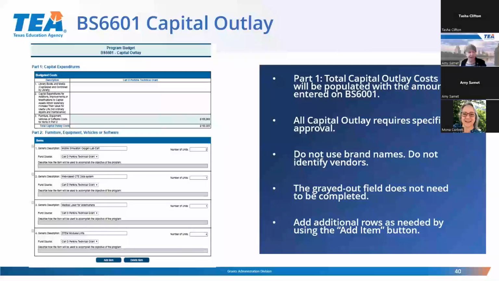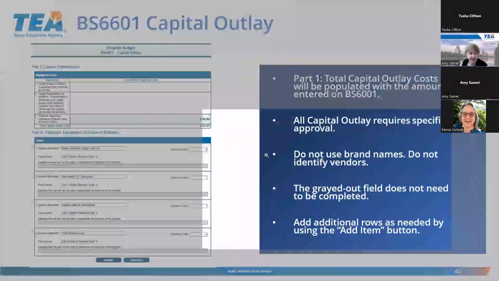Capital outlay. We'll be looking at part 1, capital expenditures, and then part 2, where furniture, equipment, vehicles, or software are itemized. And I will enlarge that.